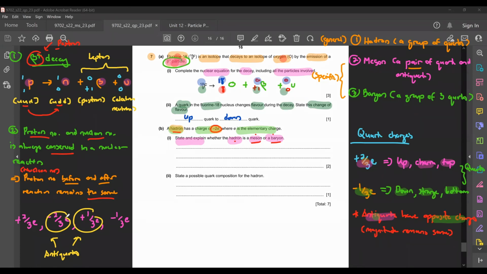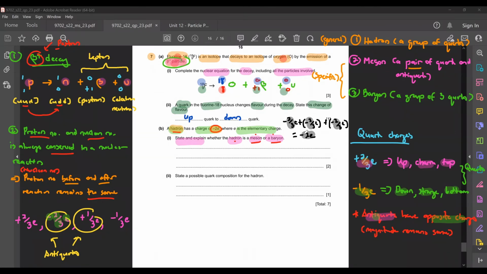That one will be negative 2 over 3e. If we add these fractional charges, you will see that negative 2 over 3e plus negative 2 over 3e plus negative 2 over 3e again gives you negative 2e. You need to add negative 2 over 3e 3 times to get a resultant charge of negative 2e.